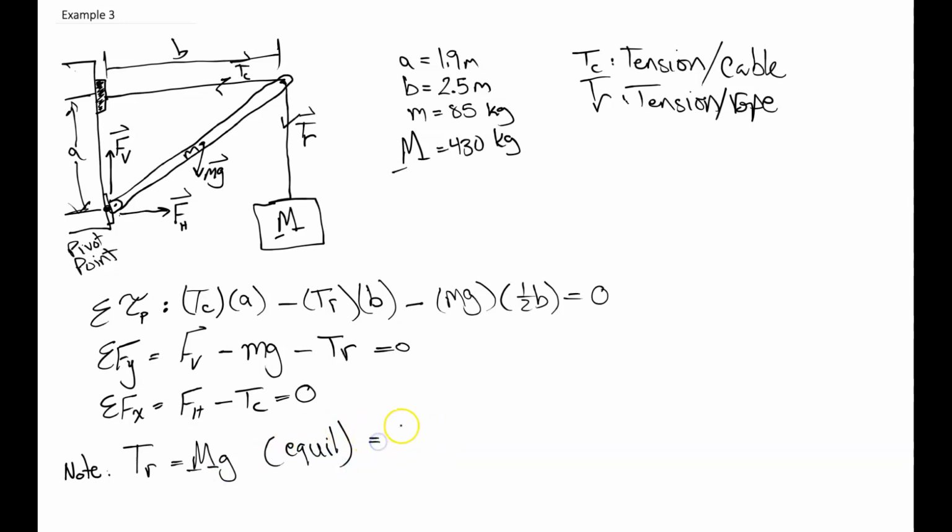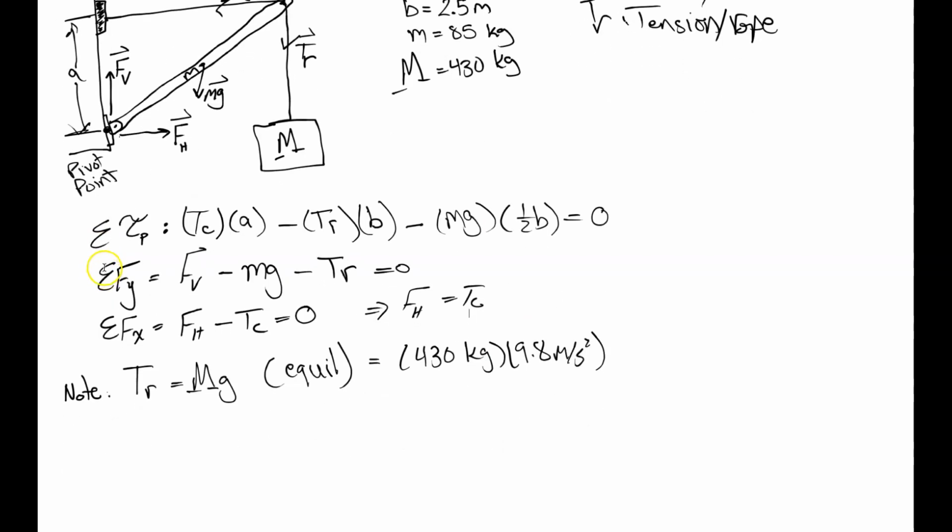And we know that this is going to be 430 kilograms times 9.8 meters per second squared. And another thing we can say, F sub H equals T sub C, and we can see if that helps us down the road.